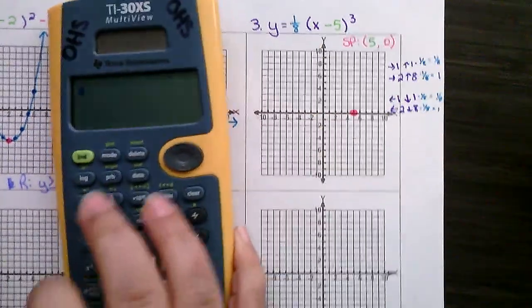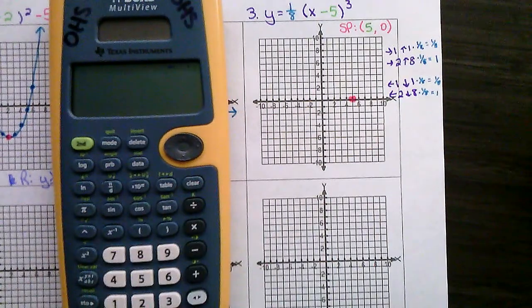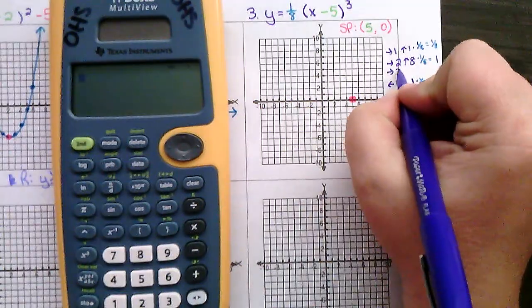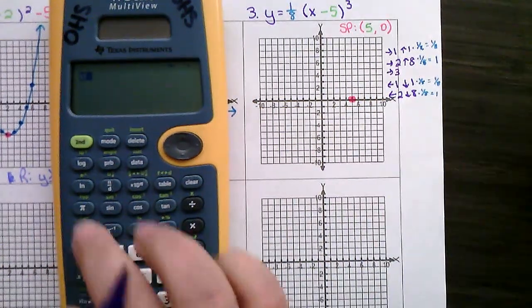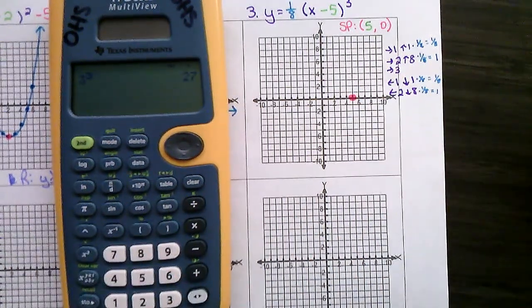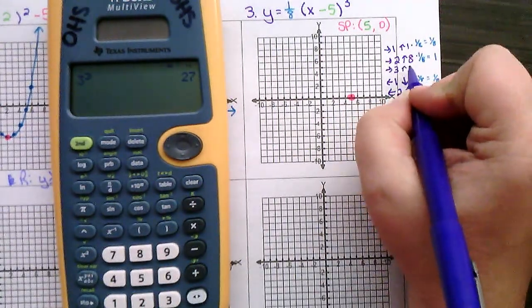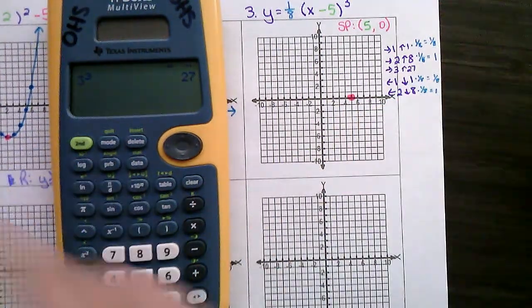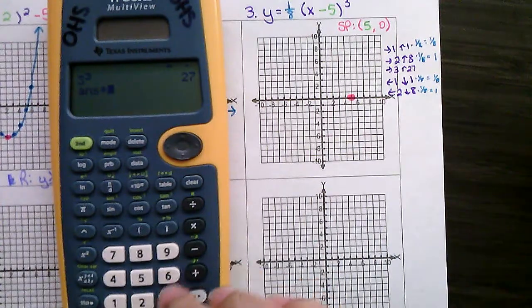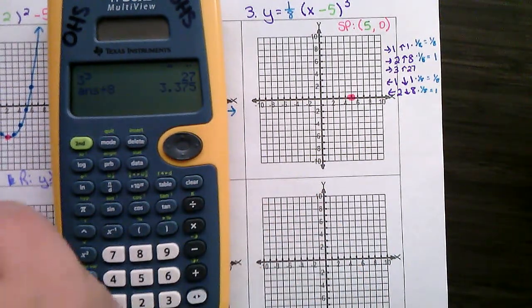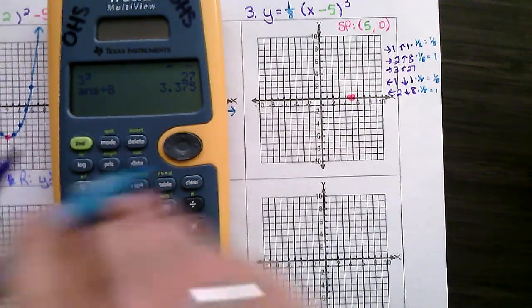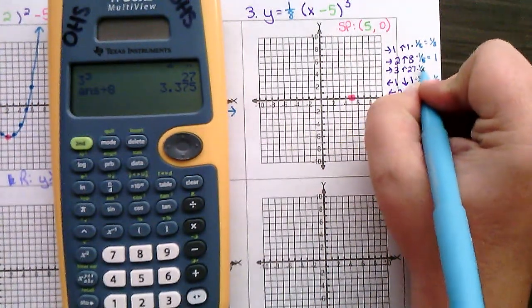So let's go over 3, just to add some more points. 3 to the third gives me 27. I would be going up 27. What is 27 times 1/8? Or we could just do 27 divided by 8. There we go. That's something else we can graph.